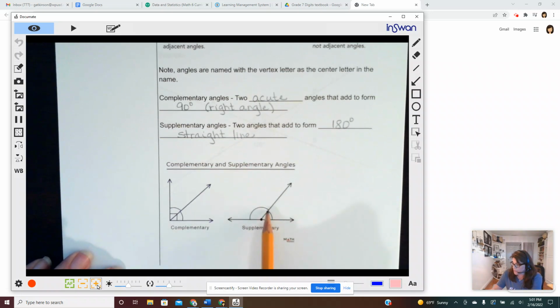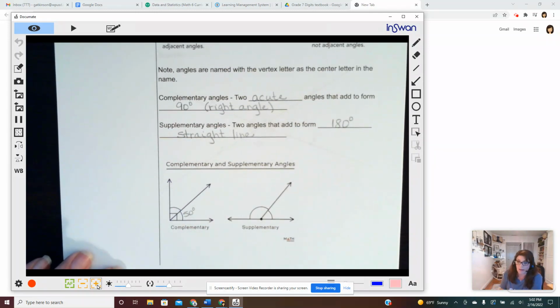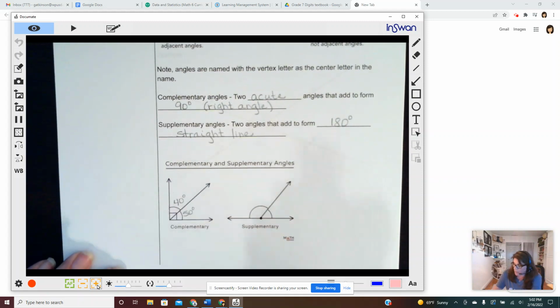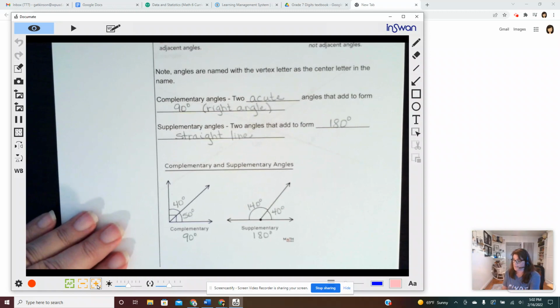Supplementary angles, maybe this one is 40 degrees and this one is 140. These are not to scale. I'm not measuring these right now, I'm just making a point. 40 plus 140 is 180. And that's always going to be the case.